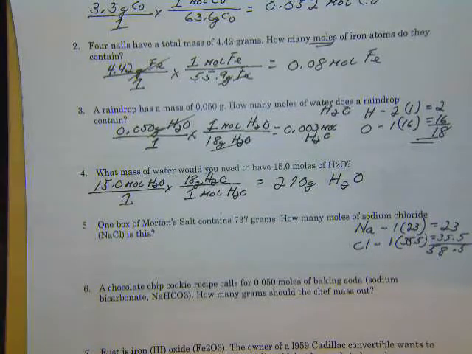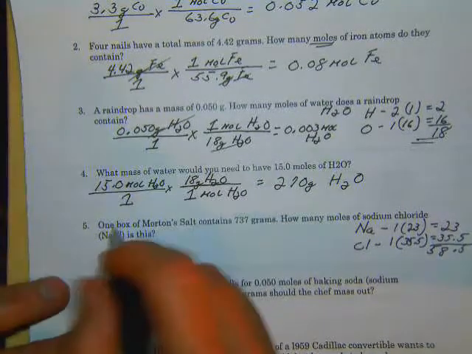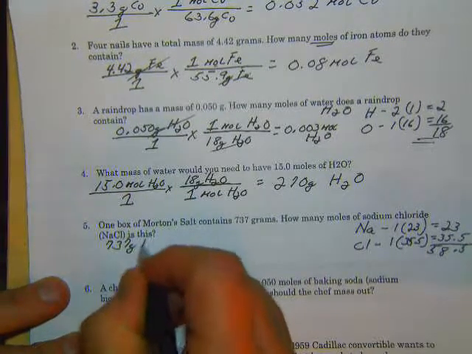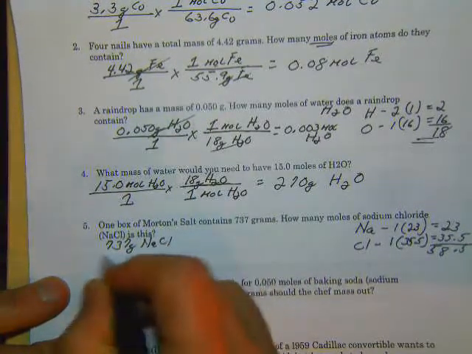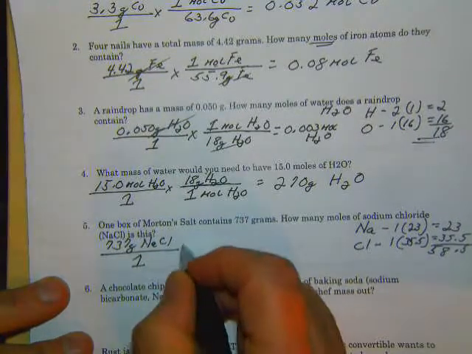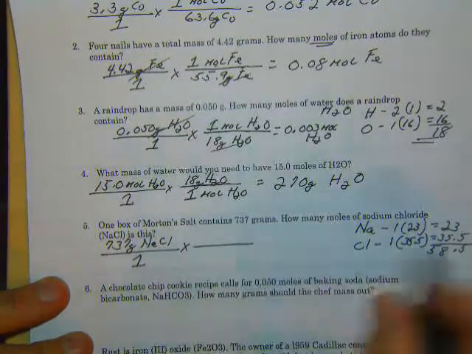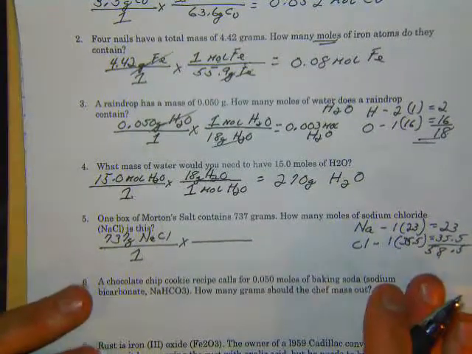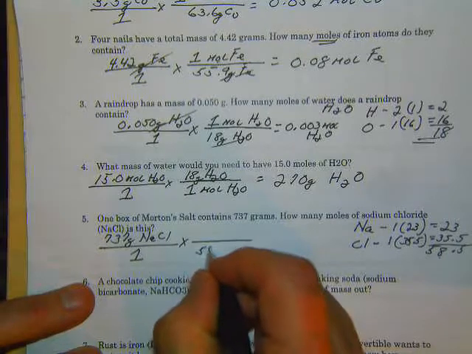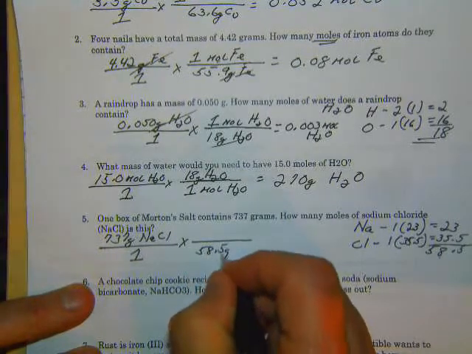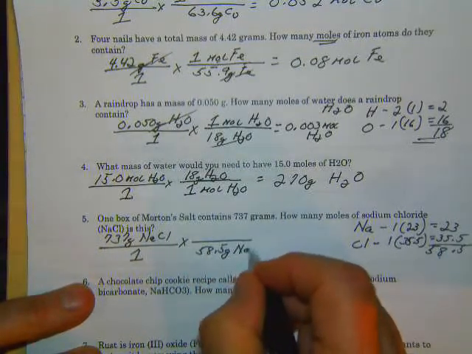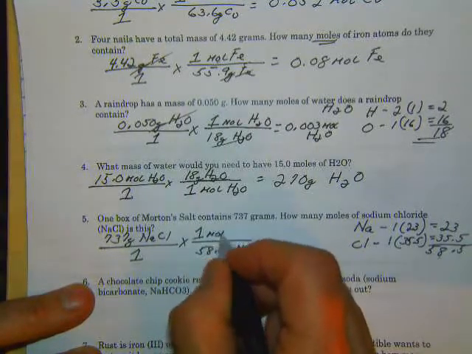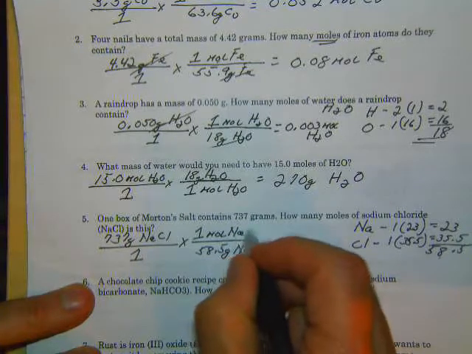Well, it's really the same problem here. 737 grams of sodium chloride all over 1, times 58.5 grams of sodium chloride is 1 mole of NaCl.